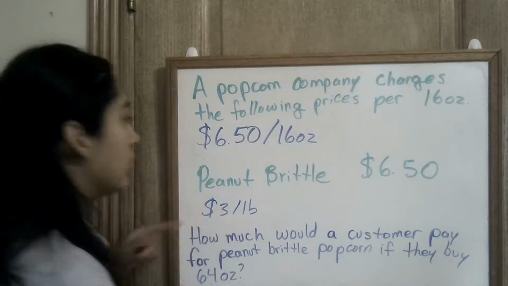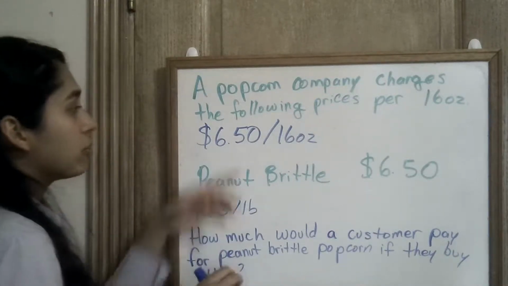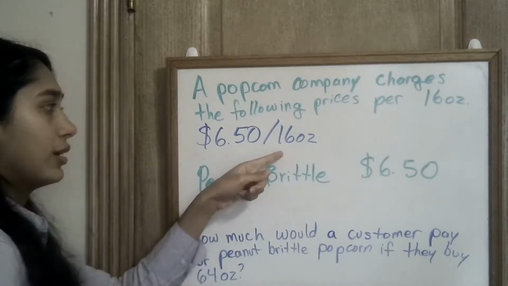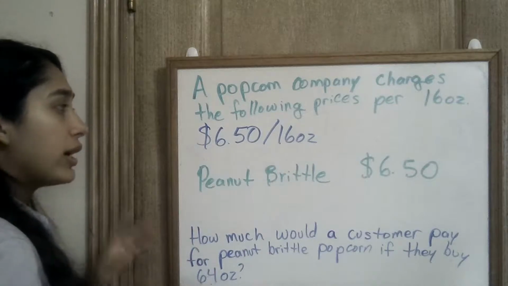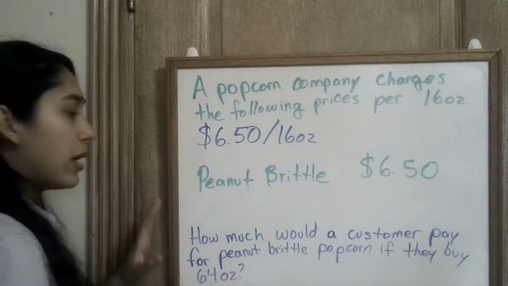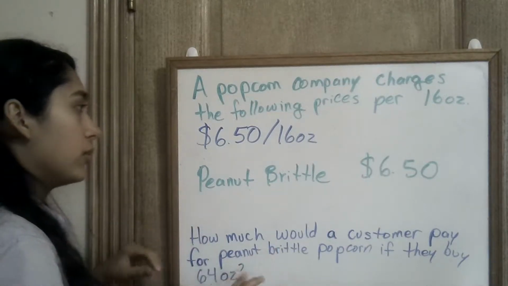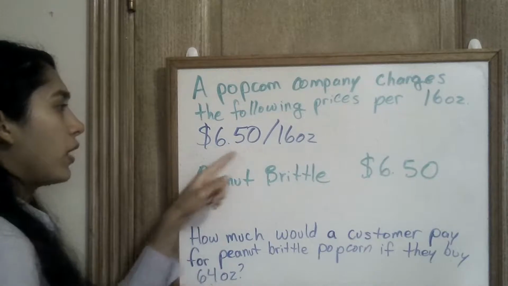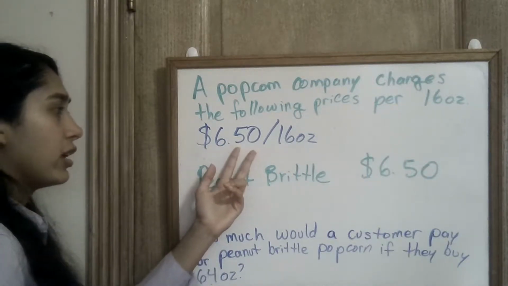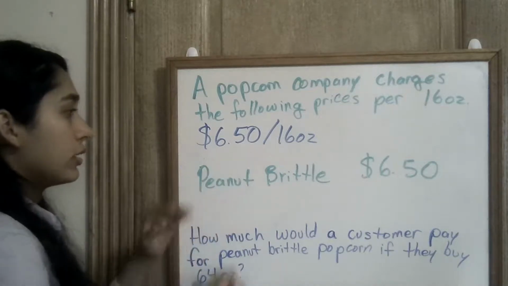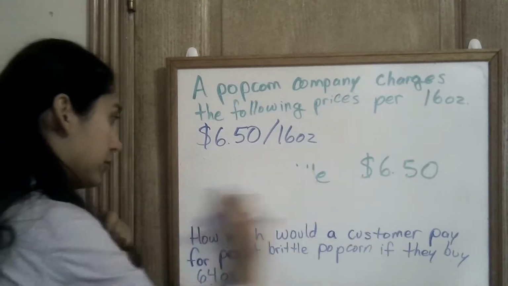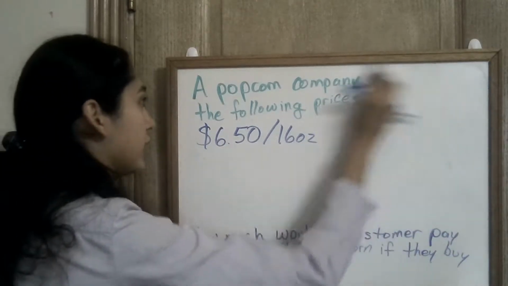This is also a fraction. The only difference here with ours is that our denominator is not 1. It is a 16. So right now we don't have to simplify it yet. There might be more that we can do later on in the problem. Also, knowing that 16 might not work very well with 6.50, we're talking about money here. And I can go ahead and erase this because I already wrote it over here. Excuse me. And I'll also erase the green.